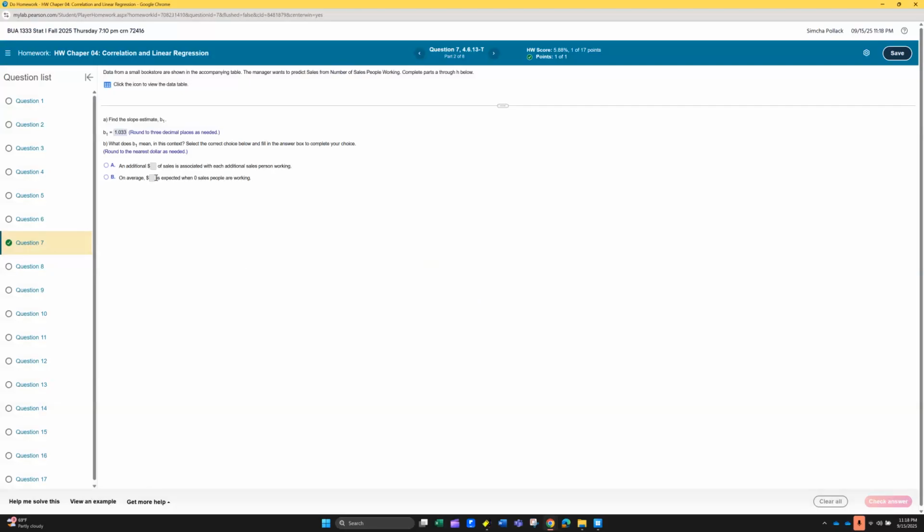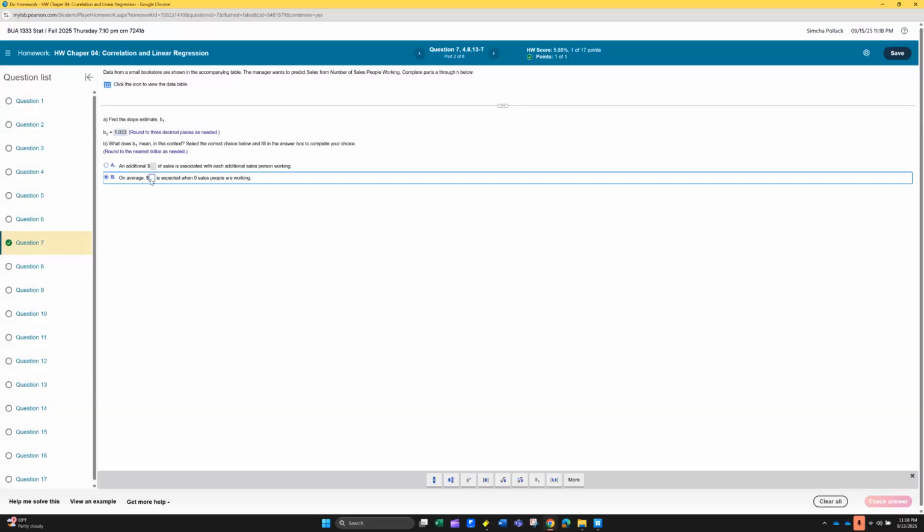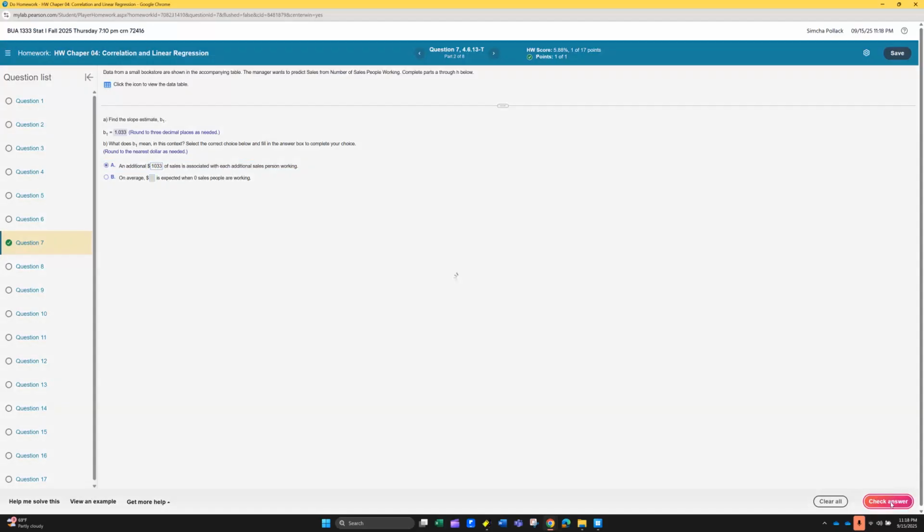So since the slope was 1.033 and it's in units of $1,000, it means on average an additional 1,033. Remember, 1.033 is in units of 1,000, so you're going to multiply it by 1,000. It is associated with an increase of one salesperson. And it's good.